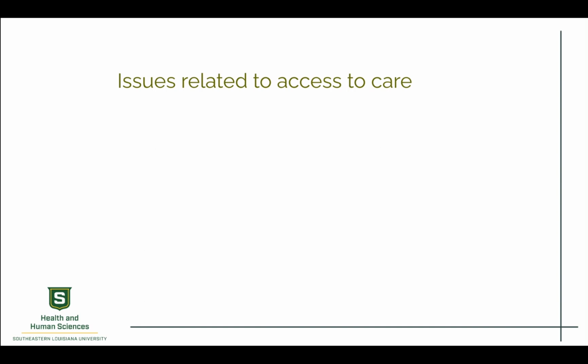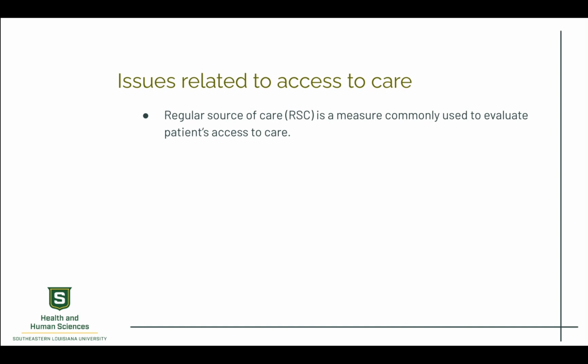So other issues related to care: having a regular source of care is usually a way of measuring patients' access to care, how much access you have to care. If you have a regular source of care, the likelihood that you're going to have good health outcomes is high.